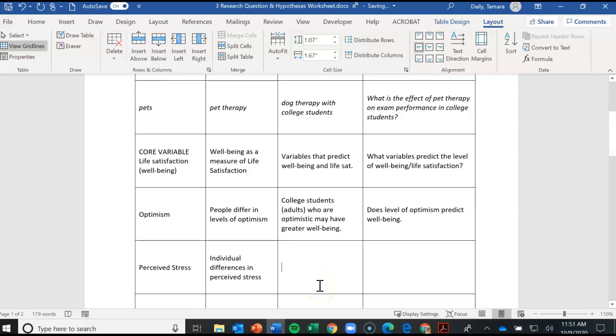I may want to then further narrow that and think about it in terms of a more trait-like approach.